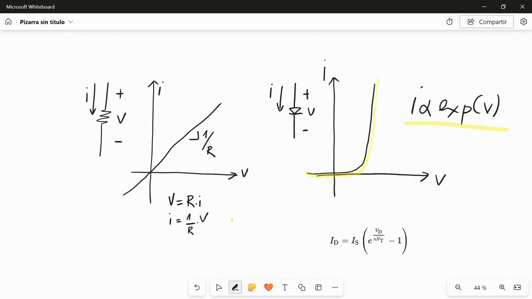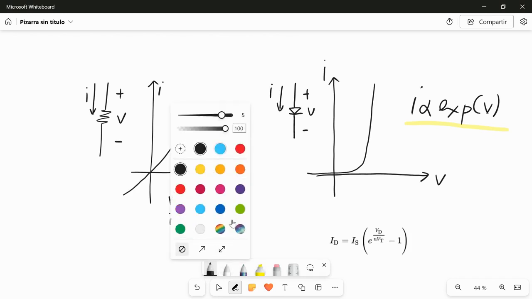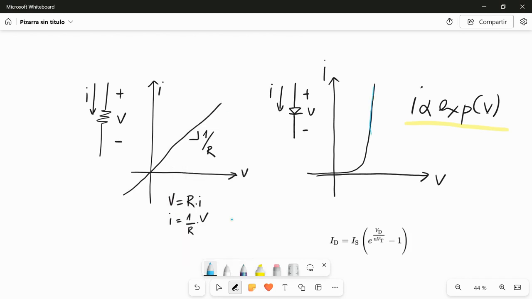However, for an ideal diode, we want to deal with some simpler element. So we approximate something nonlinear with a two-linear-segment function. Basically, we approximate this real curve with this: a vertical line here and a horizontal line here, like an L shape.